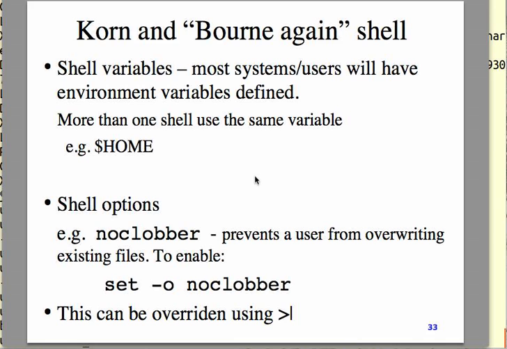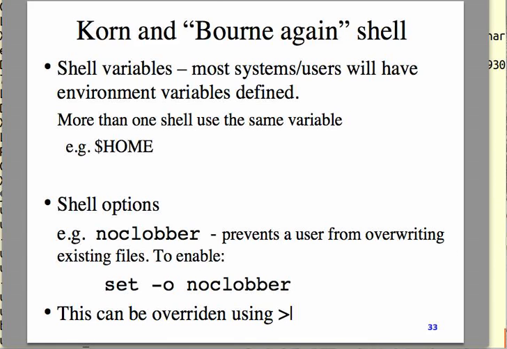We saw the last time that Korn and Bash, that's the Bourne Again shell, both use the $HOME shell variable. Also they both have the noclobber option. The noclobber option, once again, prevents you from overwriting an existing file.